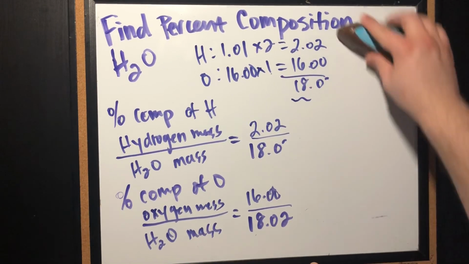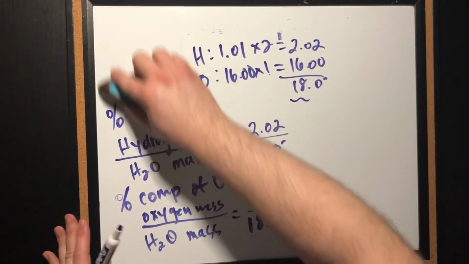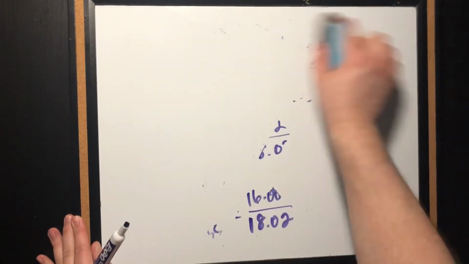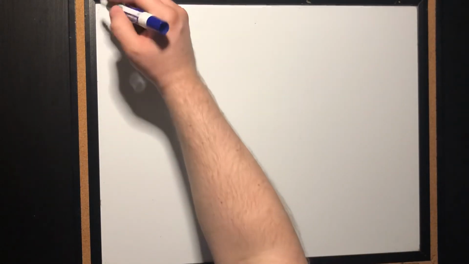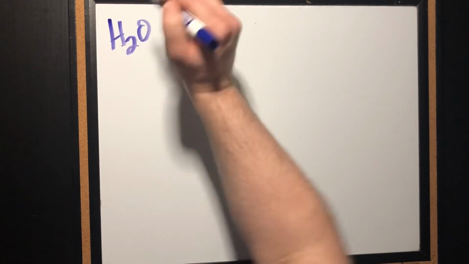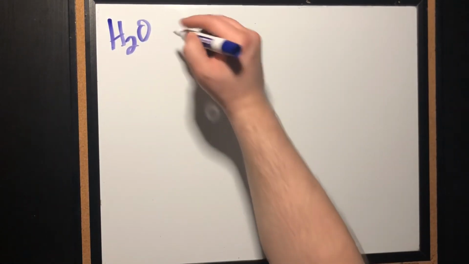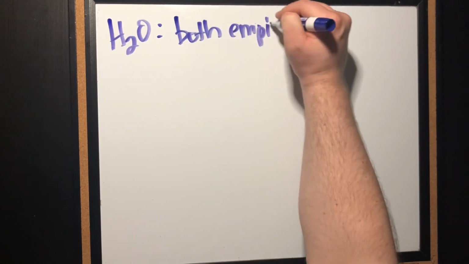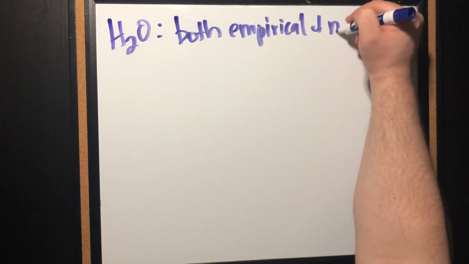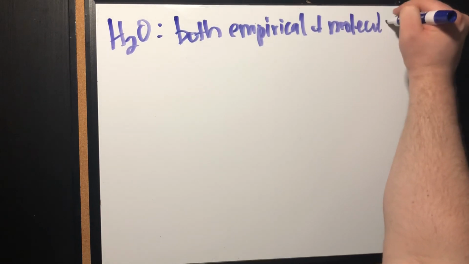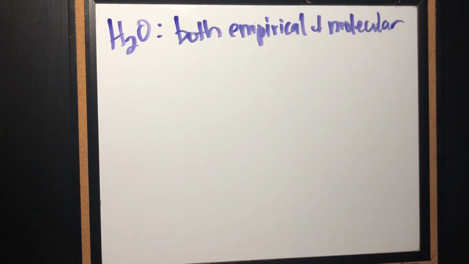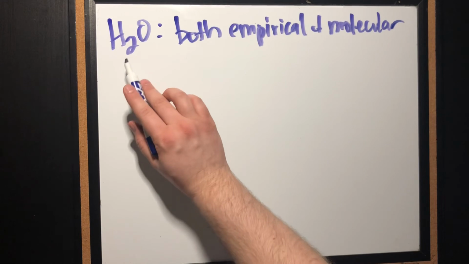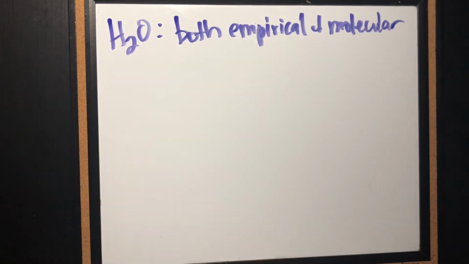But let's go ahead and just define the difference between an empirical formula and a molecular formula. For water, for H2O, it is both empirical and molecular. Empirical just means it's the lowest ratio of the amounts of atoms.